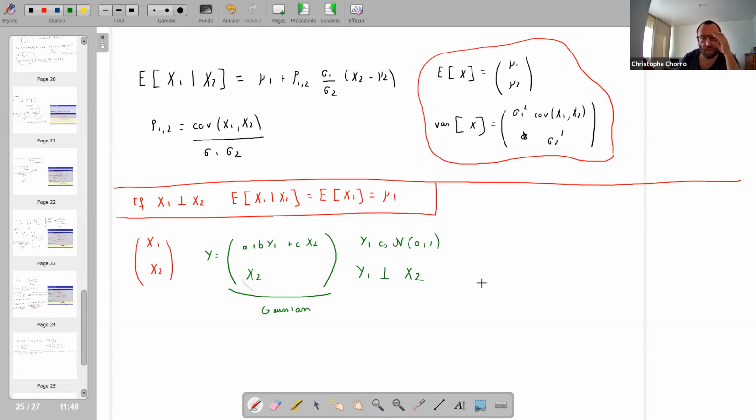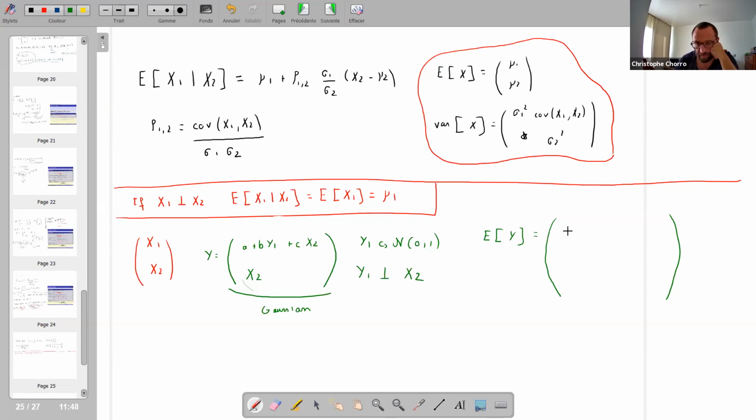So if I want to characterize the distribution of the vector in green, I need just to know its expectation. So what is the expectation of y? Expectation of y is simply a vector where I have inside the expectation of this term.